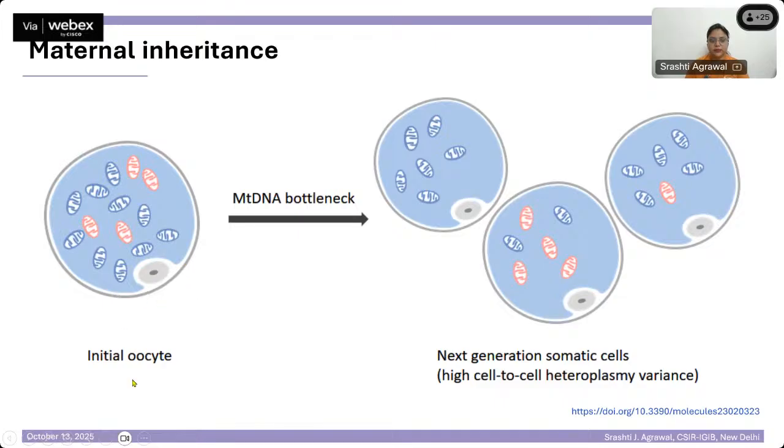While this oocyte is dividing, the bottleneck might occur, and it might happen that the cell might receive all normal DNA, or a high mutant to wild type ratio, or a high wild type to mutant ratio. Depending upon how much heteroplasmy there is, that is how much mutant load there is, it might lead to the disease.